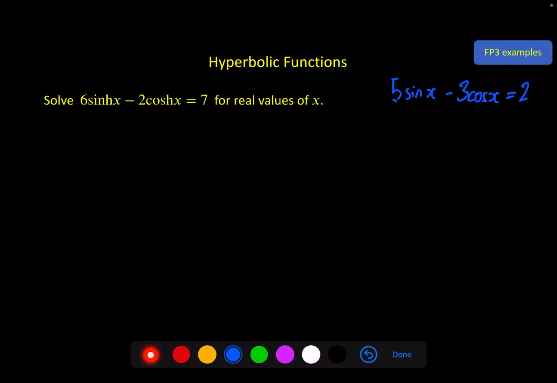Converting the sin into a cos or a cos into a sin is not as easy as, say, a sin squared or a cos squared. And because of this 2 over here, it's not going to easily convert into tan x either.